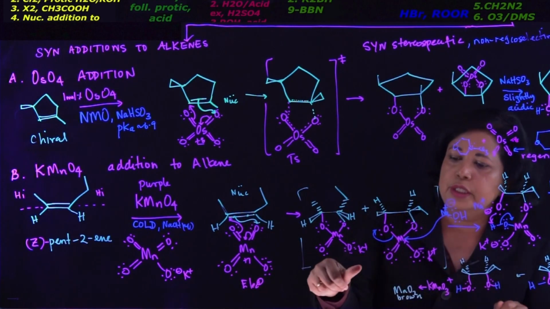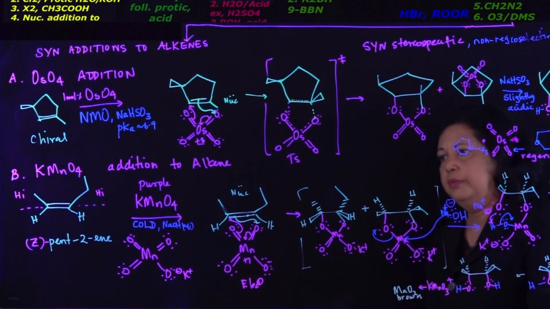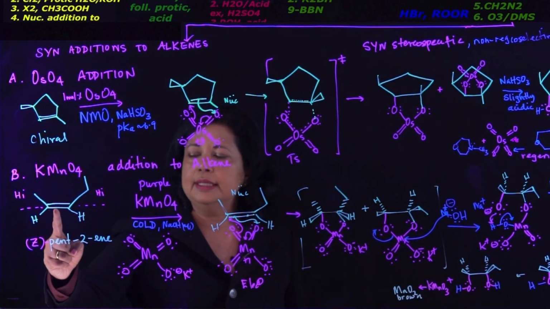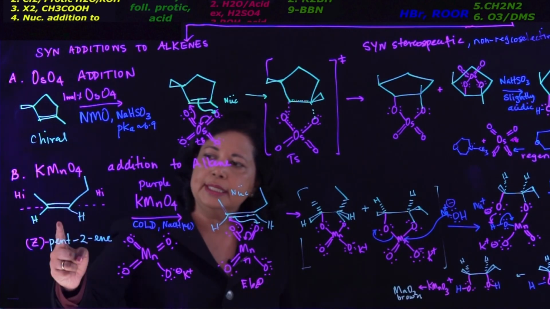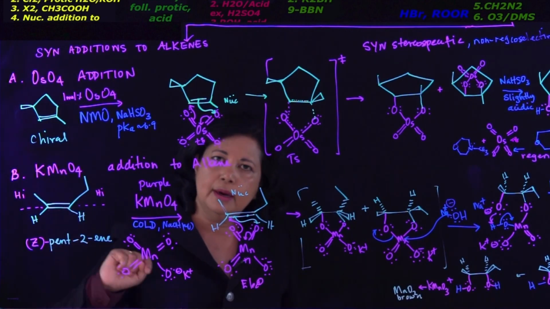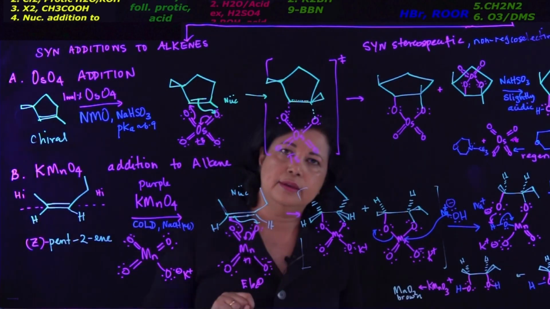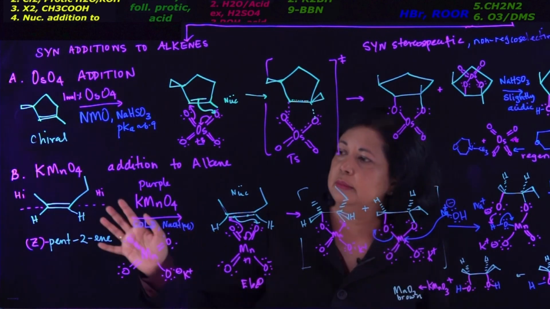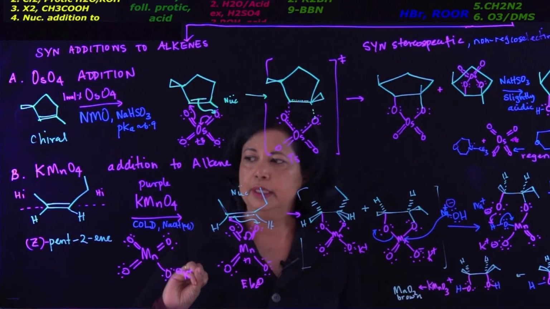Okay. Now this is really nice and you have cold. The risk with this is if your temperature goes up, you're going to oxidize this and lyse both the bonds. You're going to break the sigma and break the pi, and you're going to get a carboxylic acid on both sides. So you're really going to oxidize that to the maximum level if you have warm KMnO4 and sodium hydroxide.